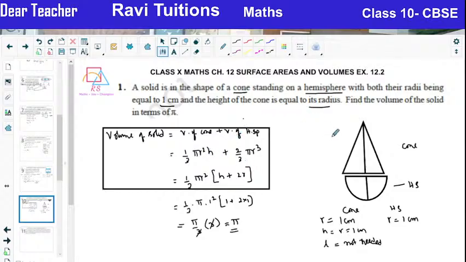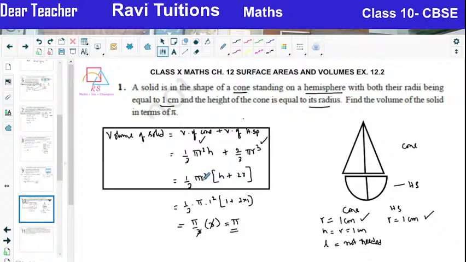Let me check. Did you take something wrong from the notebook or what? Let me check, because you said very confidently it is wrong. So cone and hemisphere are both standing, radii equal to 1. So my radius is equal. And then the formula. Cone formula 1 by 3 pi r square h, correct? My formula is correct. 2 by 3 pi r cube, my formula is also correct.